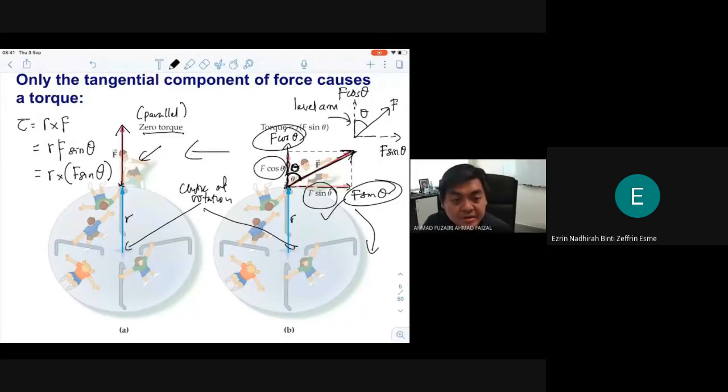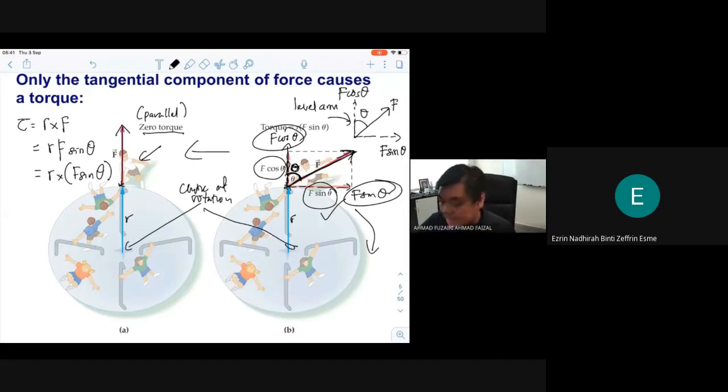But in this case, torque is also RF. Tapi dia tak tulis FR lah. Dia tulis RF. Kenapa? Sebab susunan dia lain. R cross F tak sama dengan F cross R because of the directions. Okay, but RF sin theta. So sebab tu dia susun macam tu.